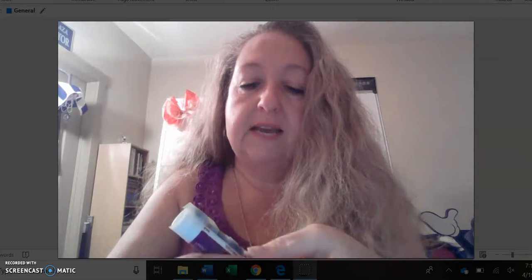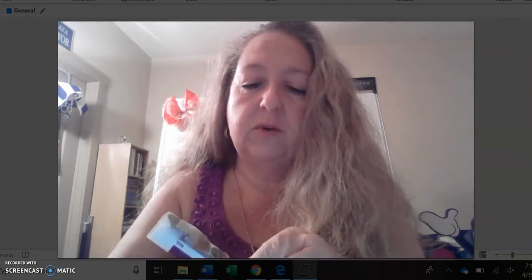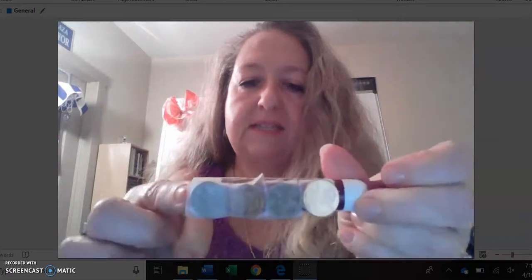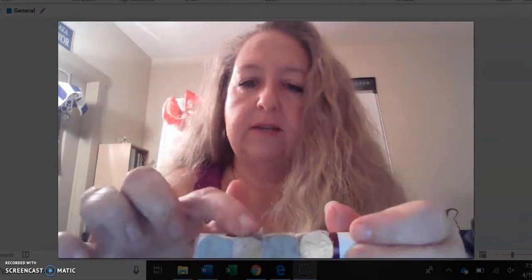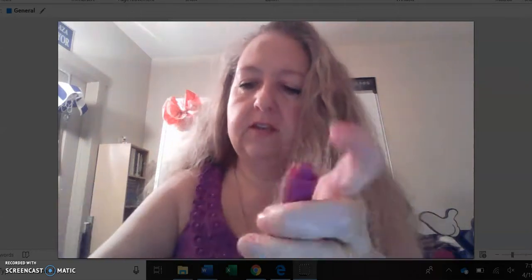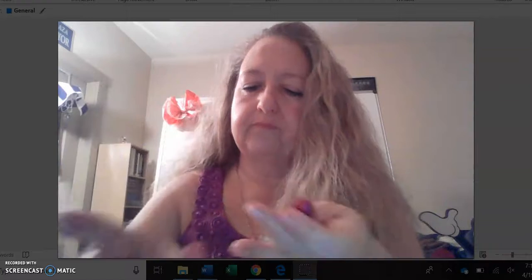And measuring takes some time. As you can see, it's not something you're going to rush to do because you want to make sure that each of your pennies is touching. So far, I have 1, 2, 3, 4, and they're touching. They're not on top of each other. They are just touching side by side.